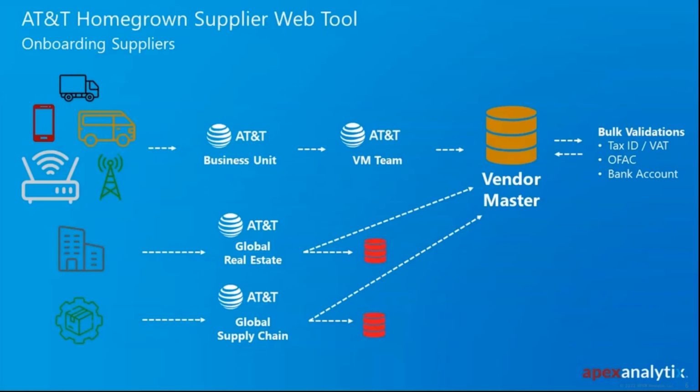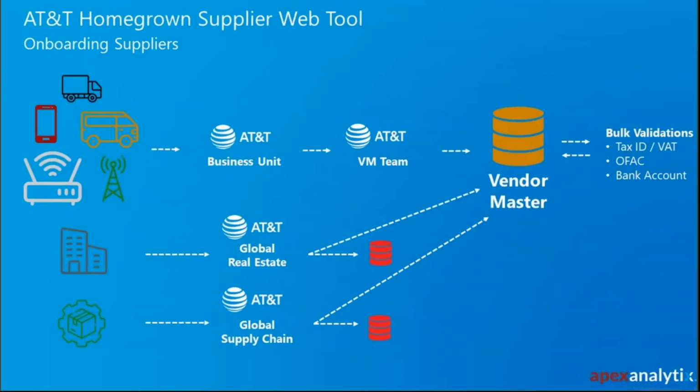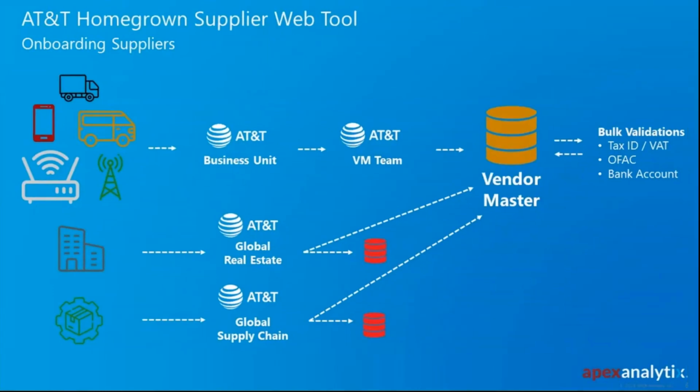Both of these business units have special needs. The remaining business units are a little more hands-off, if you will. So vendor information is a little streamlined. Global real estate and global supply chain both have specific and additional needs as well as data that they want to carry along with the vendor.